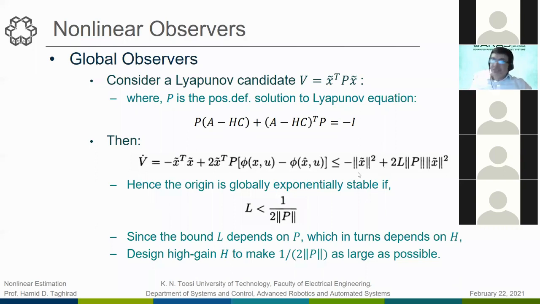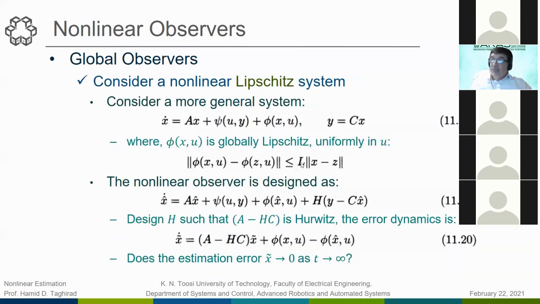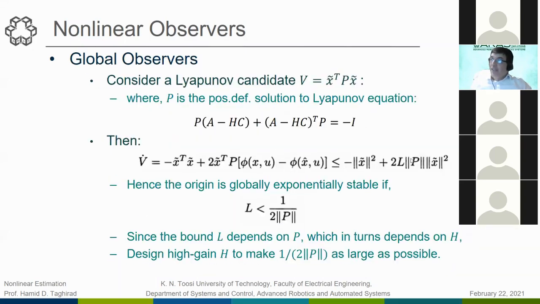But it is not true because of one really good reason. We have an L here, which is basically the gain that we are using, the Lipschitz gain. But we have the P here as well. So we have a parameter that can be adjusted by the controller in such a way that this one is always less than this.